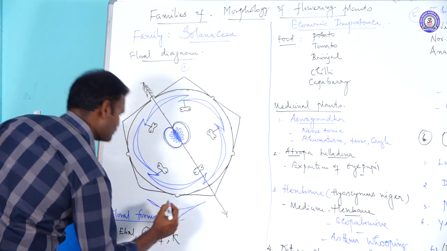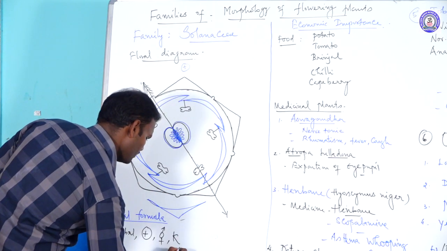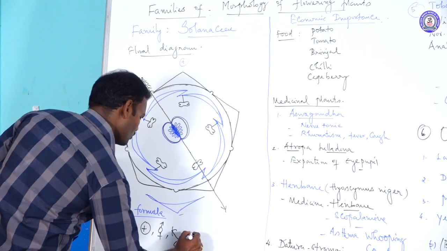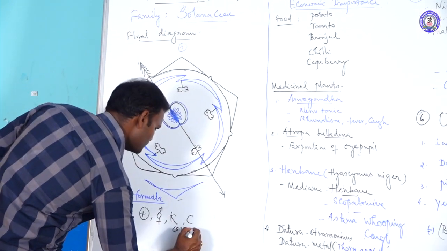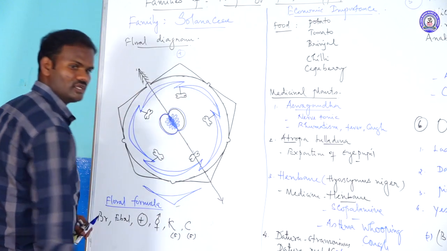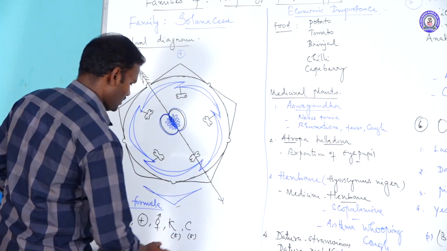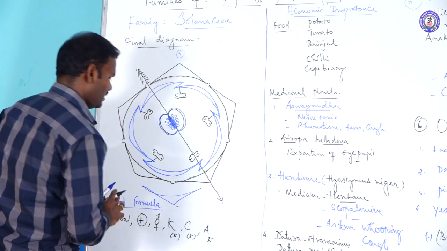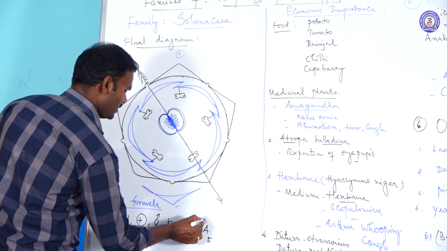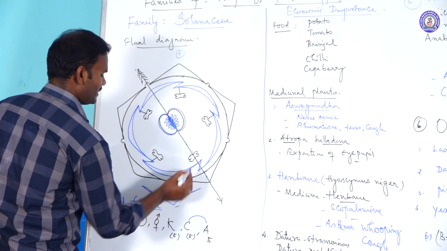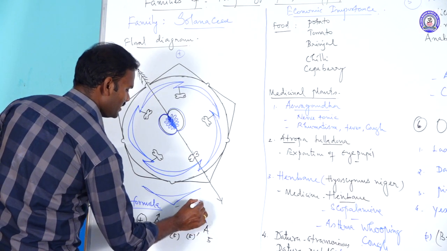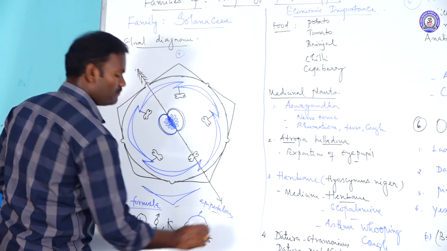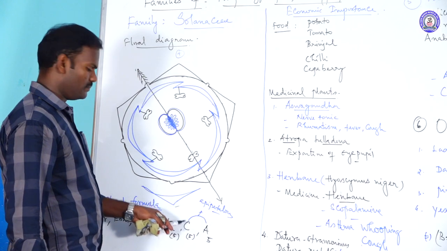Then calyx 5, fused, that's called gamosepalous, and corolla 5 petals fused with twisted aestivation. Then androecium, the number of stamens is 5. They are attached to the petals, so this is called epipetalous condition, stamens attached to the petals.